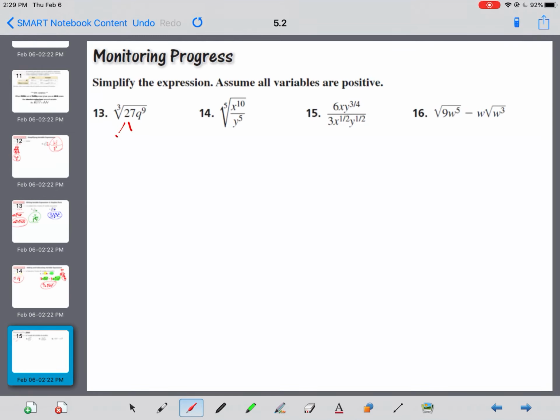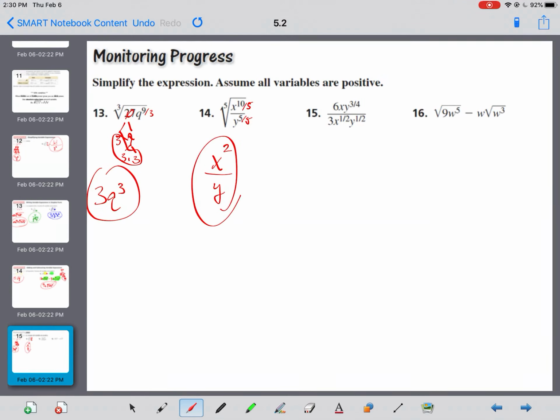All right, let's do this. 27 cube root, 3 times 9, 3 times 3, 3 3s, so 3 comes out. Q to the 9th, 3 goes into 9 3 times. So that's x squared over y.